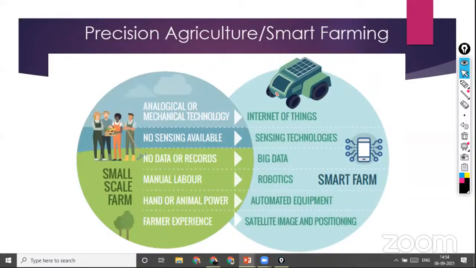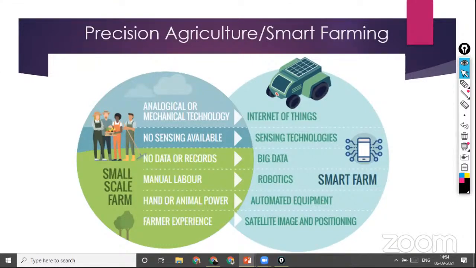But right now in smart farming, we have Internet of Things, and sensing was not available before. We have a lot of low cost sensors available now, and we usually don't store any kind of data or records. That's actually a real concern, especially in India right now.